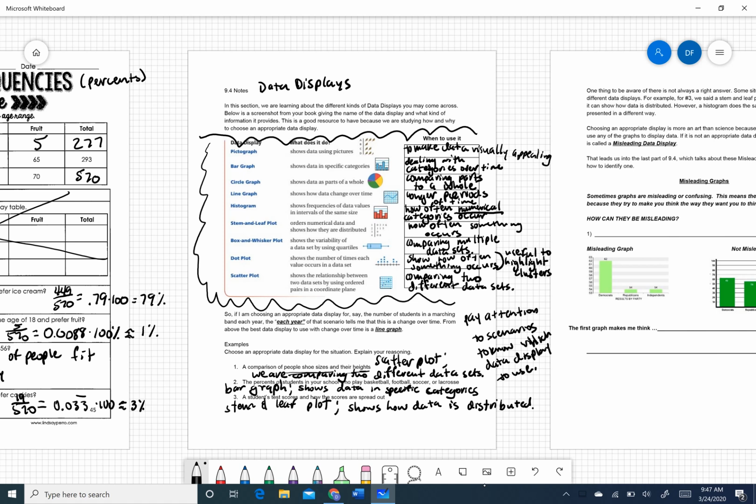Also a viable option. The stem and leaf plot is for numerical data and shows how they're distributed.